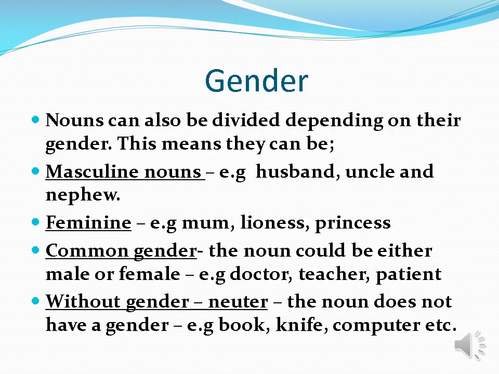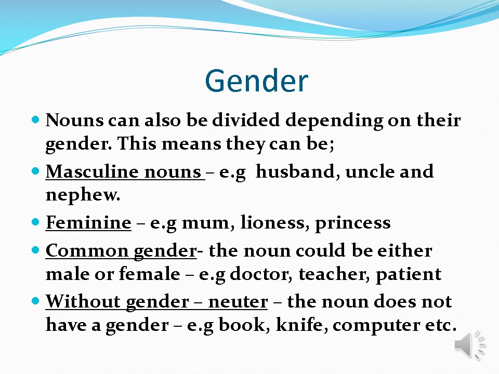Okay, so the next thing is that nouns can be divided depending on their gender as well. Obviously we have masculine nouns, which are male. So we've got husband, uncle and nephew by way of example. Feminine nouns: mum, lioness, princess. In other words, we have special words in English for what we call gender nouns.